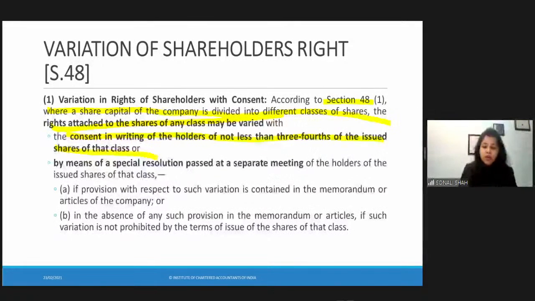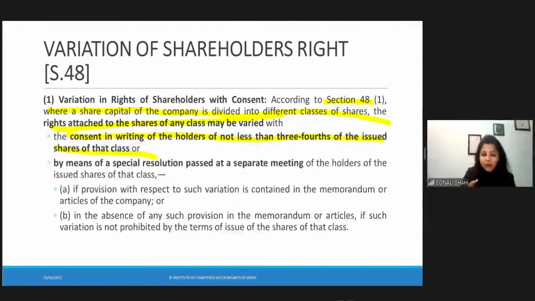Preference shareholders are one class, equity shareholders are another class. So if you are trying to vary the right of one class of shareholder, you will have to take permission from not less than 3/4 of the issued shares of that class. The holders of 3/4 of the shares of that class will have to approve that variation.